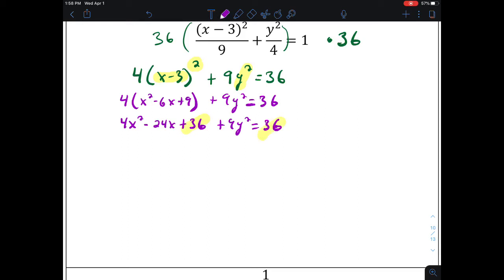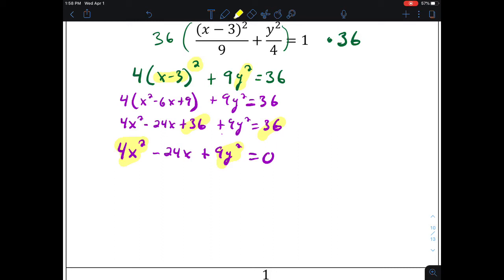And if I go one step farther, let's see what we have after that. We have 4x squared minus 24x plus 9y squared is equal to 0. Now, remember, I can't put the 9y squared and the 4x squared together and call that some kind of r squared because they have different coefficients.